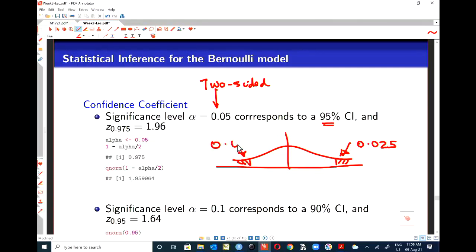I'm using a symmetrical distribution here, a symmetrical calculation for the confidence interval. If I'm looking at a one-sided test, then my p-value is compared to 0.025 only. A two-sided test is both sides, so either way it's consistent.